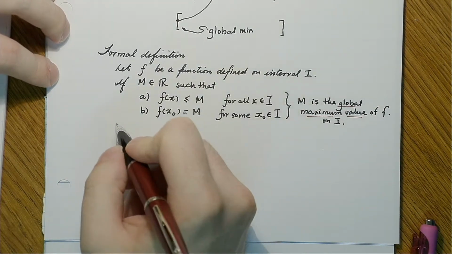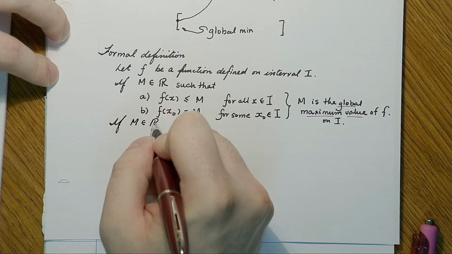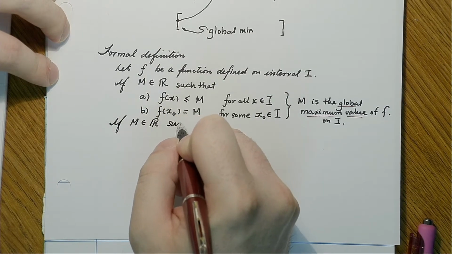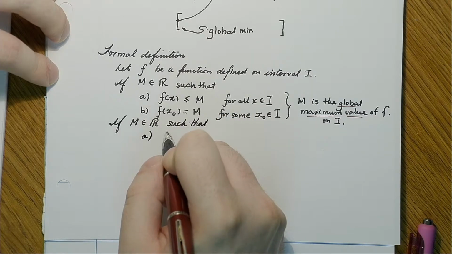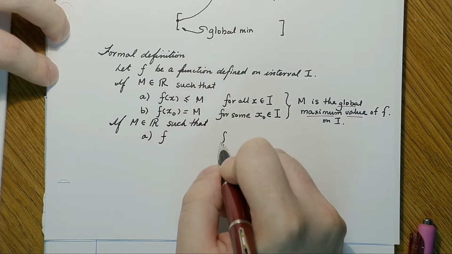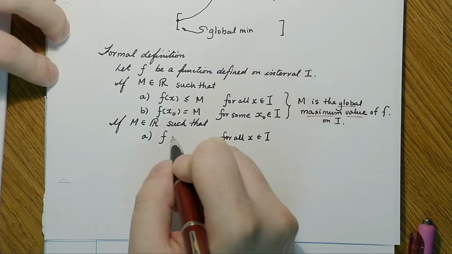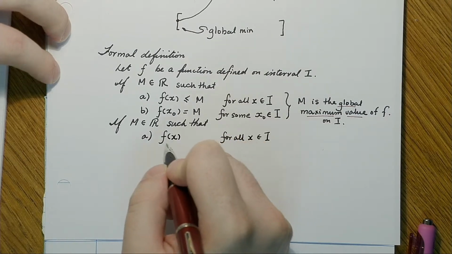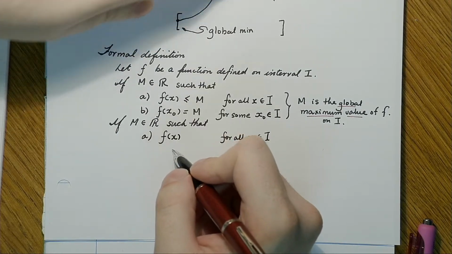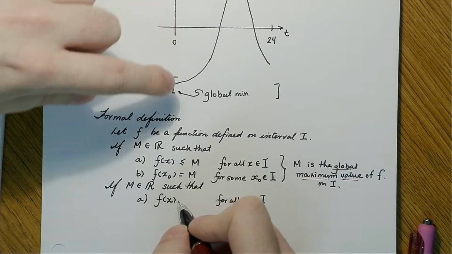And similarly, if m is also a real value such that for all x in that interval, all the possible values in here are bigger than m.